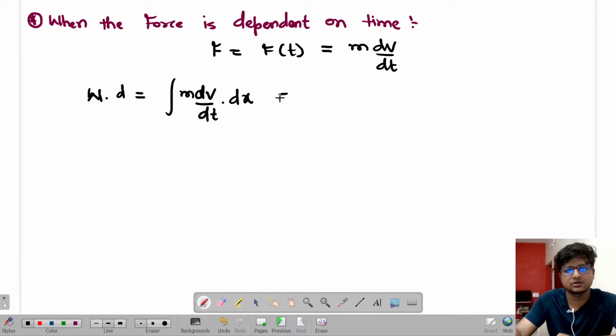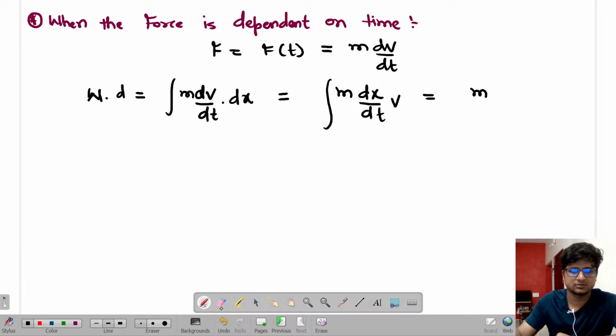If I put it, then I get m dx by dt into dv. And dx by dt is again velocity. So dx by dt is basically velocity itself, into dv. And if I do the integration, I can get this equation.